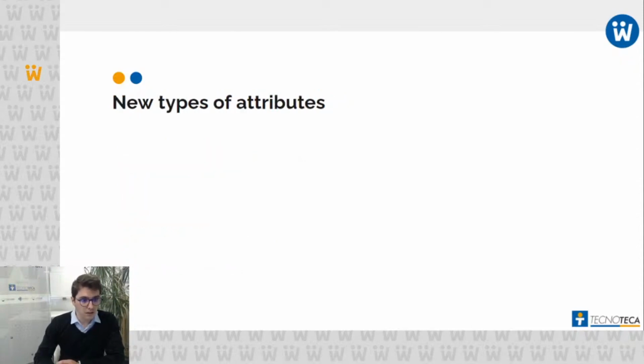Which are the new type of attributes? We have added the link attribute. The link is composed by URL and label, and it is configurable to show only the URL or also the label.